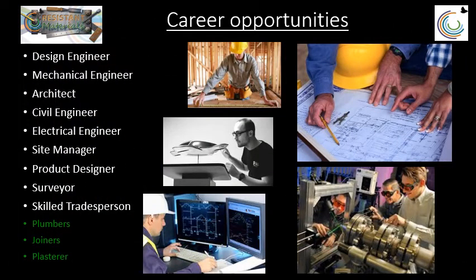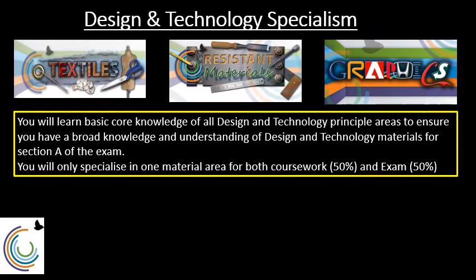Engineering is a popular option to go into if you're going to study DT at GCSE, architecture, civil engineer, product designers. Again, it doesn't matter which of the DT subject areas you choose, we all cover the same basic principles in each of the areas. And again, it's split up into 50% coursework, so the sort of design and make tasks that we're doing at Key Stage 3, and then 50% exam when it comes to the end of GCSE.